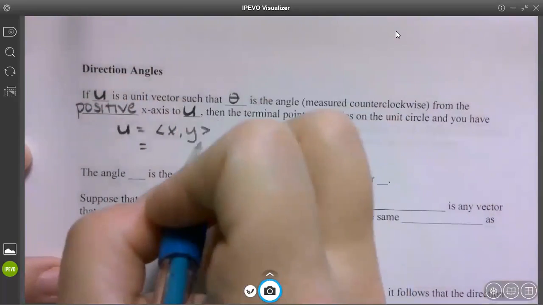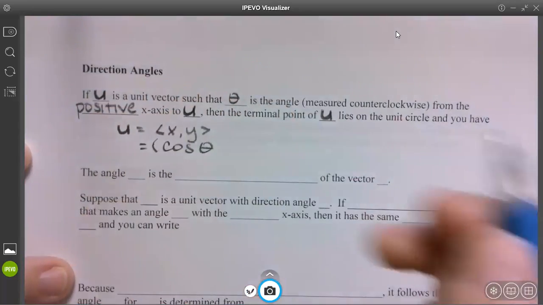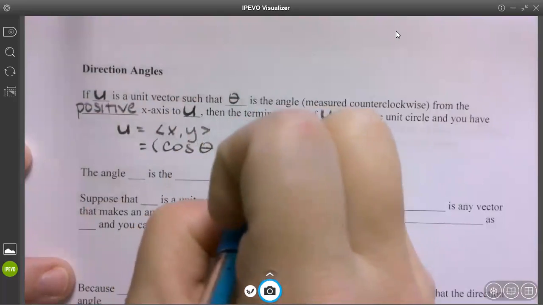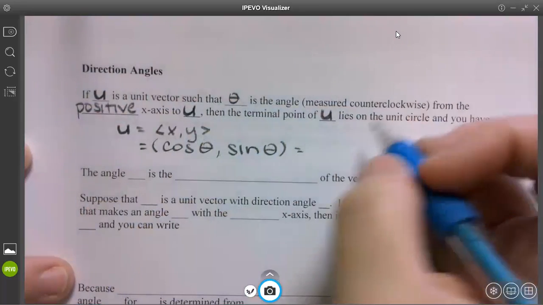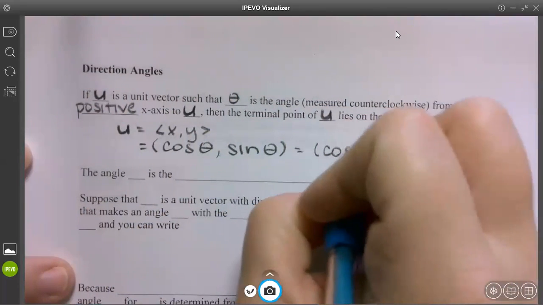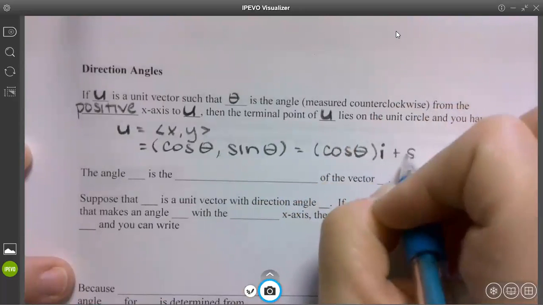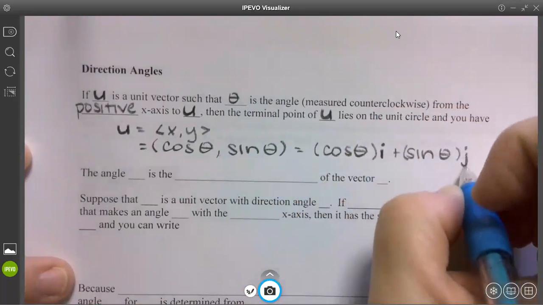Remember, your x coordinate is cosine of theta. Your y coordinate on your unit circle is your sine of theta. And to write it as a unit vector, we would do cosine theta I plus sine theta J.